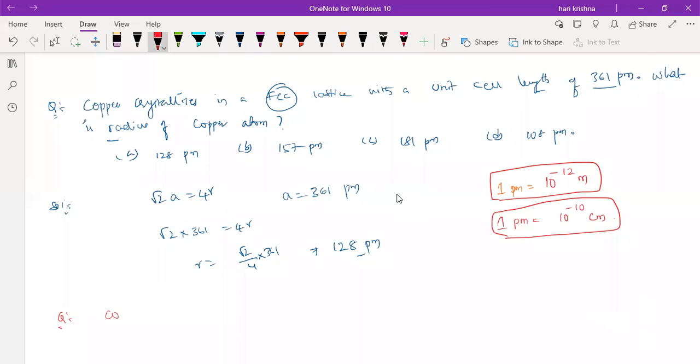So again, we'll take copper. It crystallizes in BCC with edge length of 502 picometers. Now find out the radius of the copper atom in centimeters.